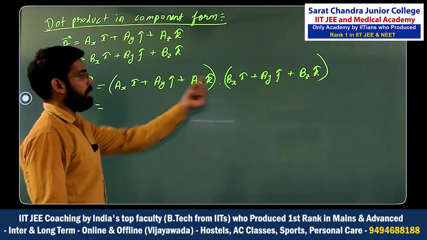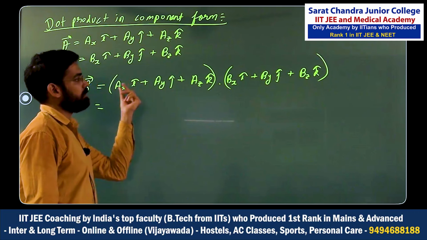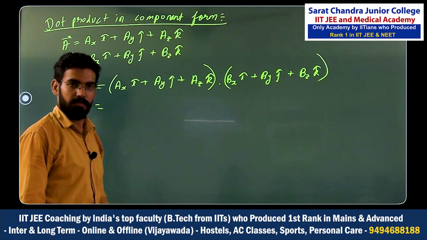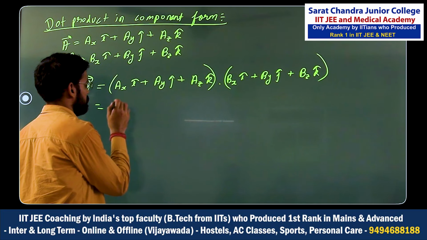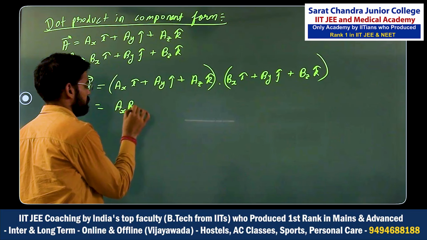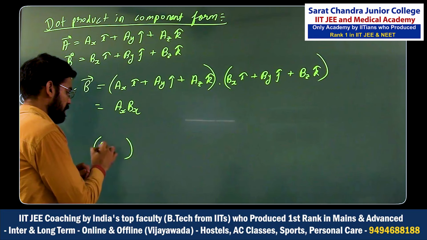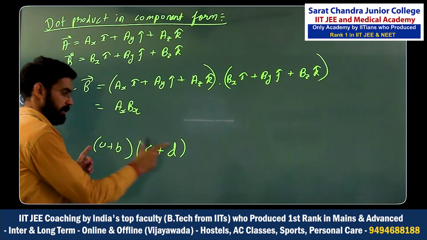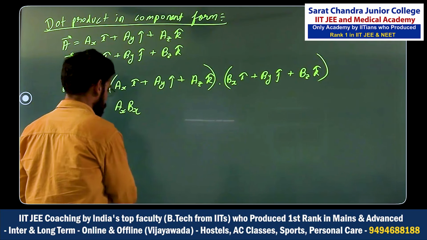So what will come? First AX, BX, these are numbers only. Dot product is actually happening between I cap and I cap. So I cap dot I cap is 1. So AX into BX. Then, like how you multiply A plus B into C plus D, first A multiplies with both, then B multiplies with both, right? Like this.